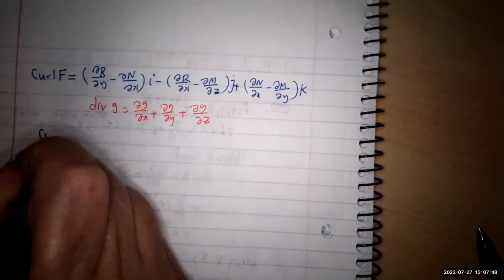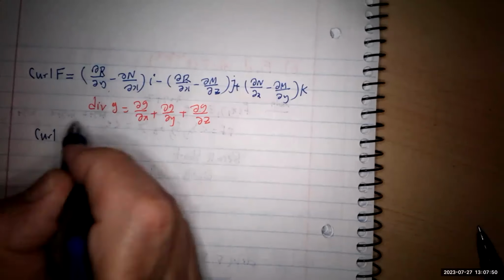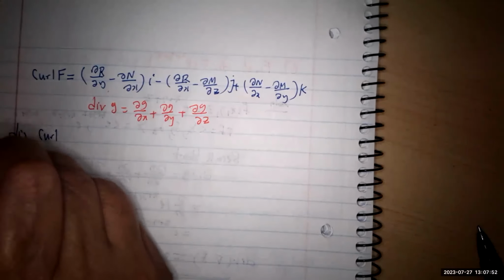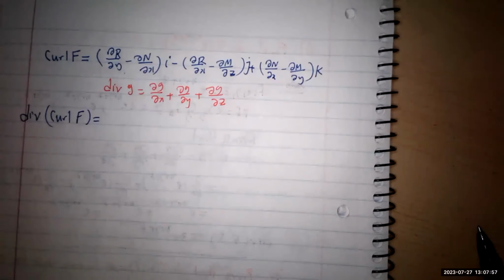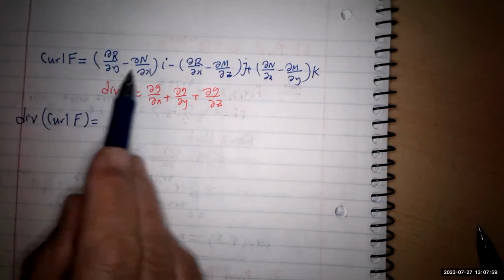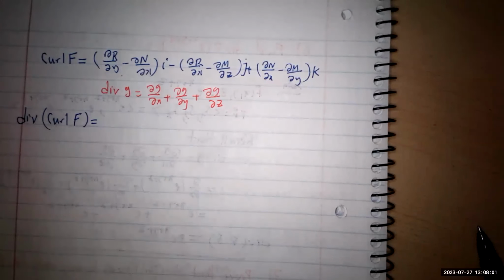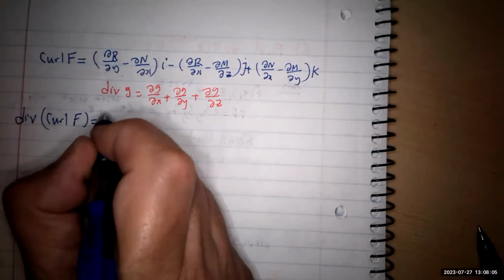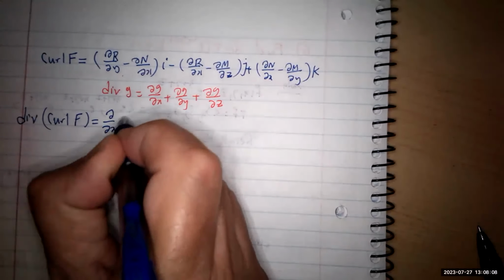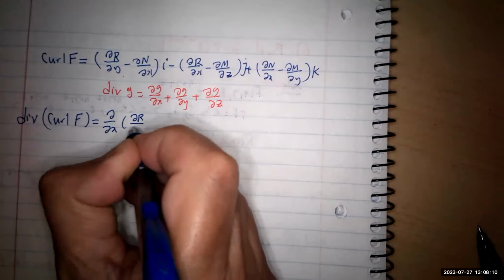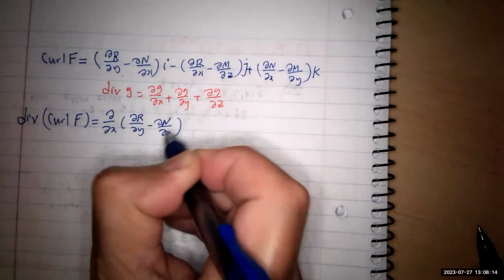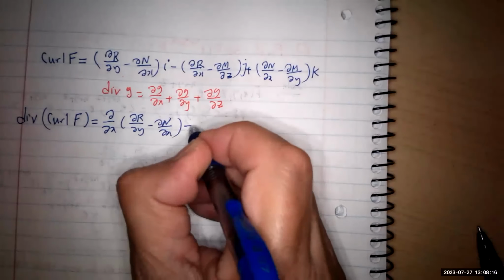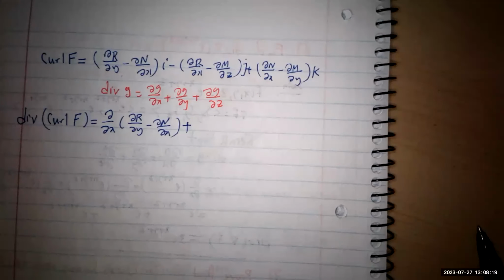The divergence of the curl of F is equal to the partial derivative of the first component with respect to x, so partial derivative of ∂R/∂y minus ∂N/∂z. Plus, remember it's a scalar valued function.